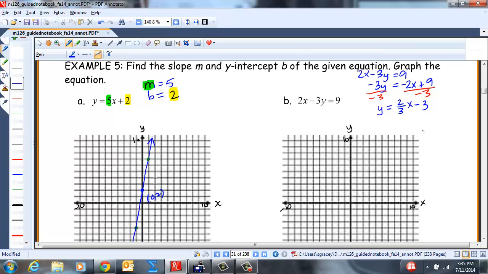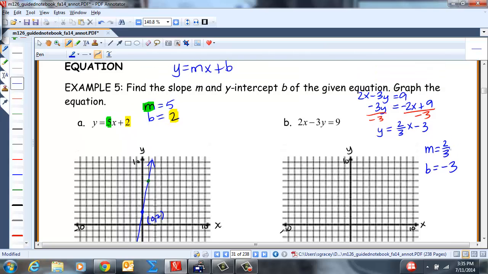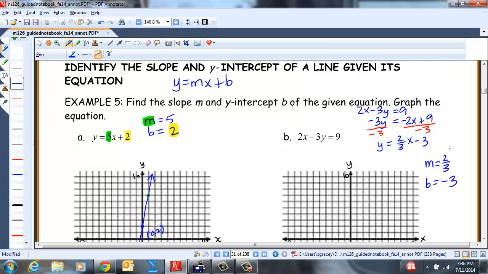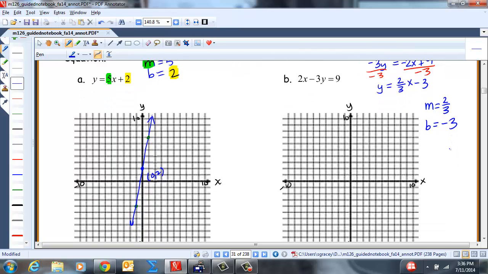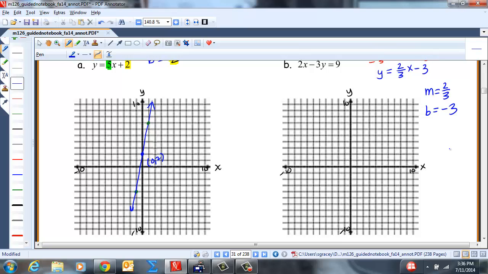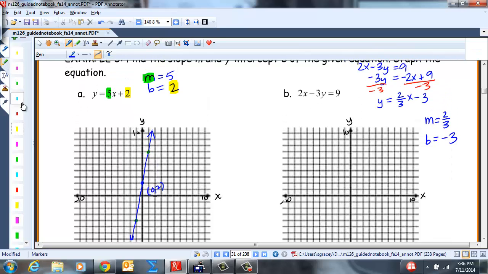So now our slope is what? Good. 2/3. And our y-intercept is, good, it's -3, right? Because the formula has a plus, mx plus b, and minus is the same as adding the negative. So let's go ahead and plot the y-intercept, and we'll highlight these things so you can see what corresponded. And then here was our slope.